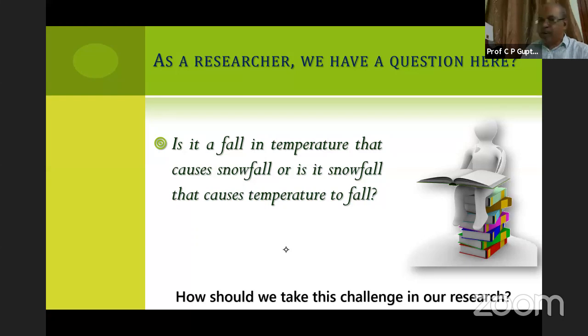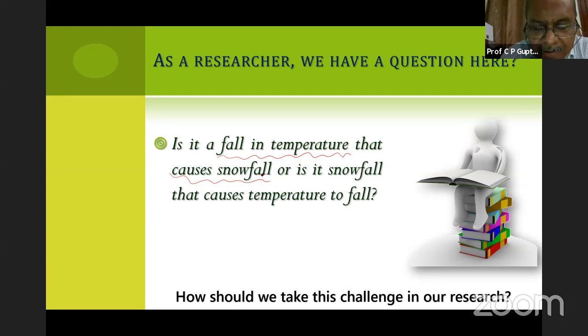Many of you are saying fall in temperature is the cause. Okay, right. Now I am in Delhi, and whenever we hear that Shimla is having snowfall, we expect that the temperature of Delhi is going to fall.